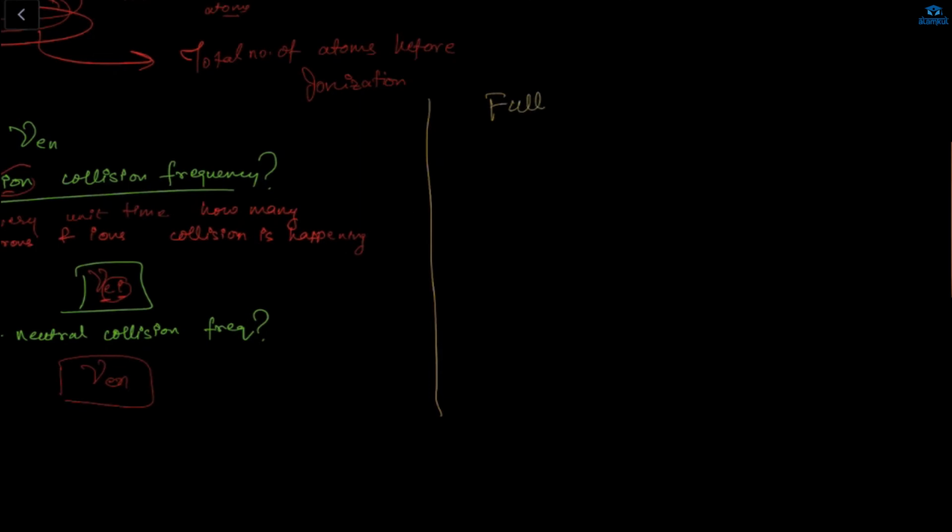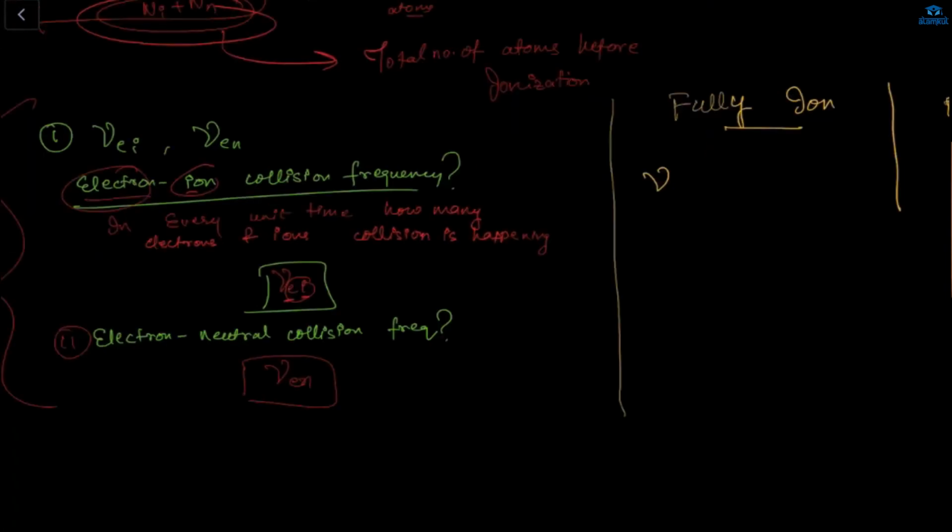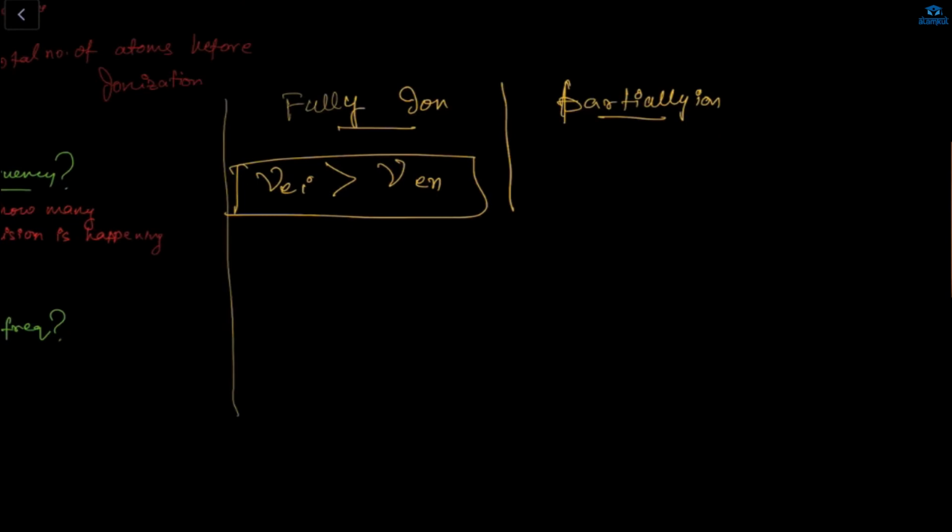This is my fully ionized, I'm writing only ION, and this is my partially ionized. See, if my electron ion frequency is more than electron neutral frequency, then it will be fully ionized. And partially will be what? If my electron ion frequency is less than electron neutral frequency, then it will be partially ionized.